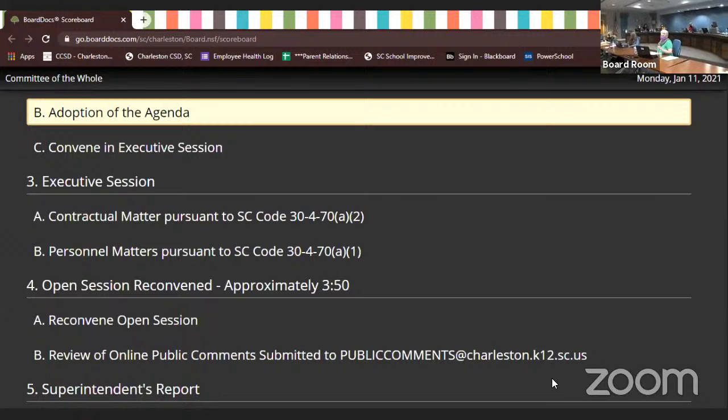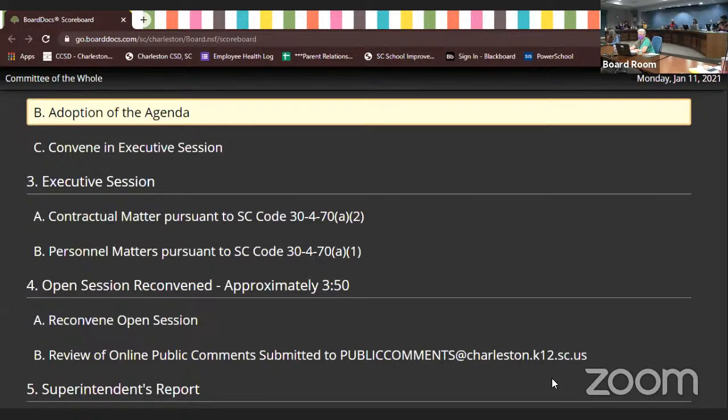Okay, then the other item is that when we were setting the agenda, we forgot to put public comment. So I was going to ask that, and Julie's added it here, that we add item 4B as public comment. So perhaps I could have a motion to add 4B as public comment and then add action to item 7D.